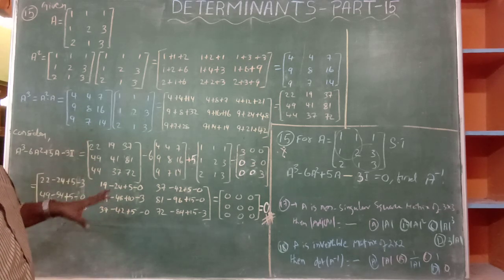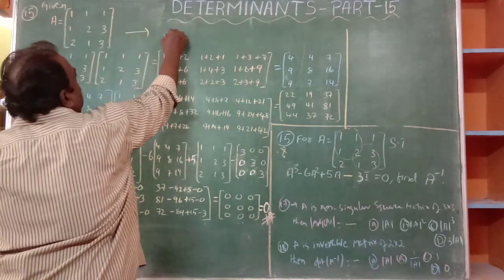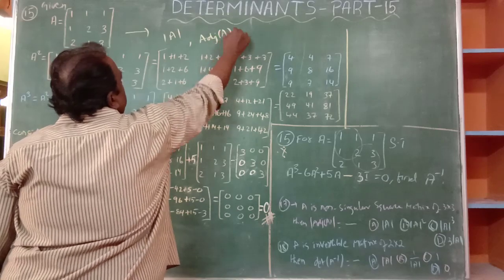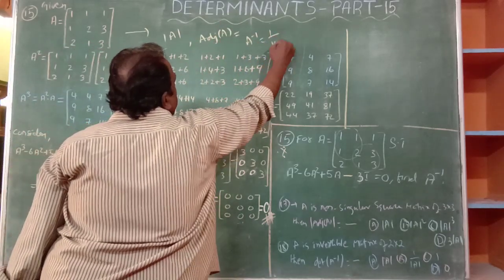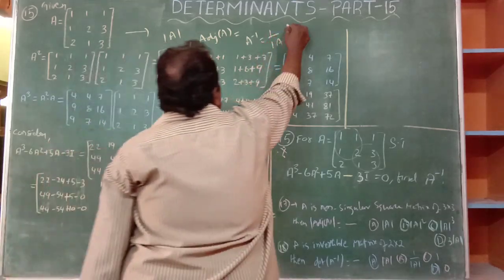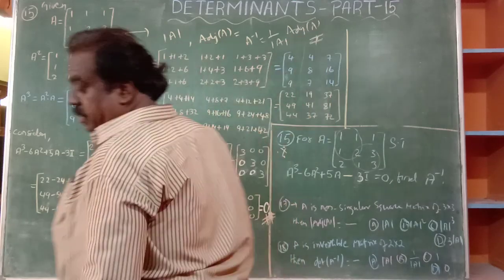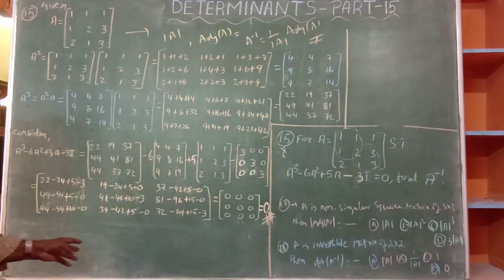You simply leave it out and directly find the determinant of A and the adjoint of A. A inverse is 1 by determinant of A into adjoint A. Through that you can find A inverse. Like this you solve.